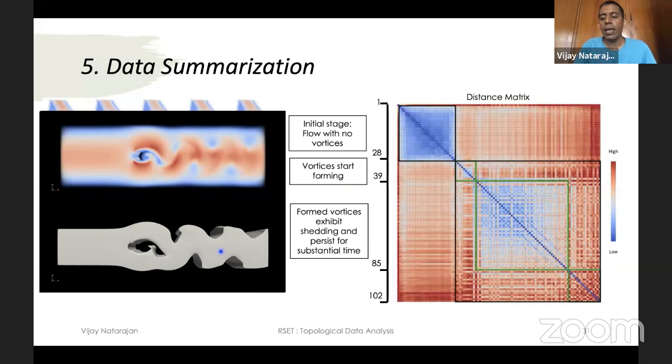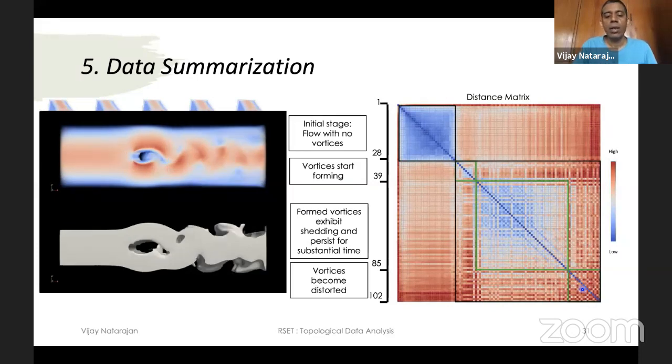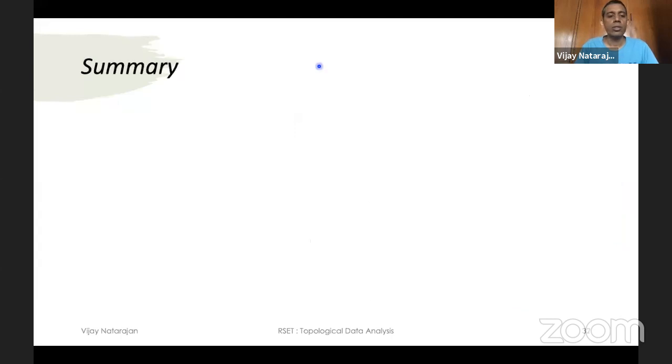And finally, we have the dissipation phase where all the vortices become distorted. And so you have just a red region. So we use topology in this case for summarizing our data, right? This is very important again for time-varying data, very difficult to do, especially for long-running simulations, right?